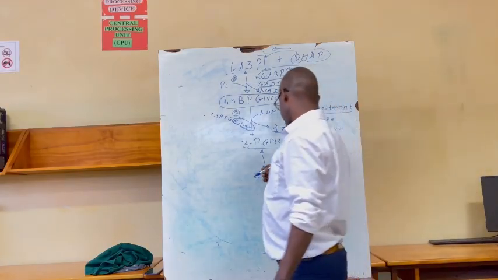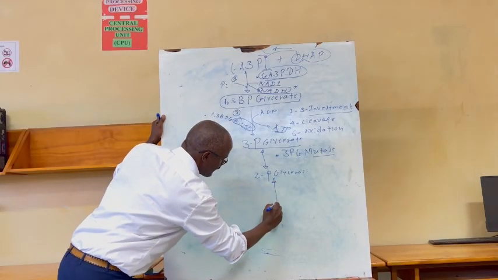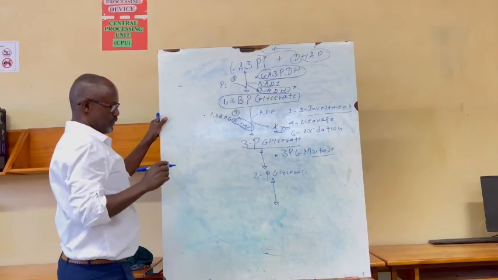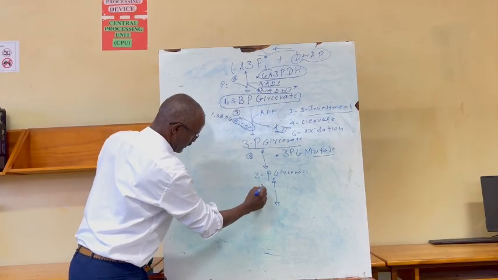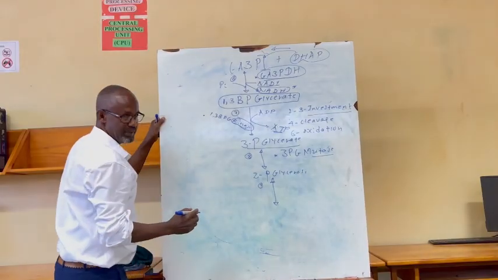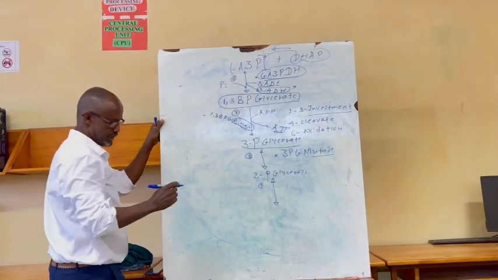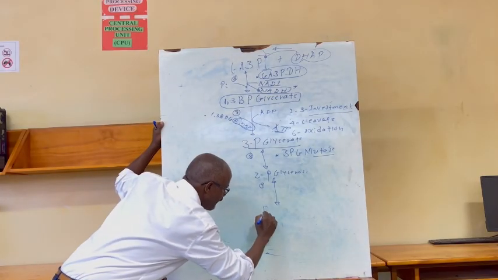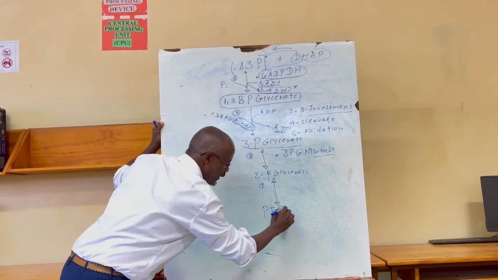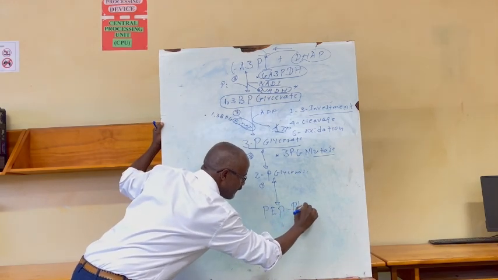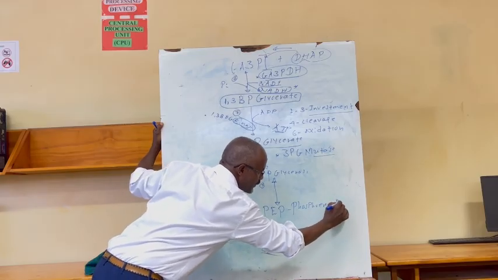And then the next step is also a reversible step. This is step 7, step 8, step 9. 2-phosphoglycerate becomes a highly energetic molecule known as phosphoenolpyruvate, PEP.